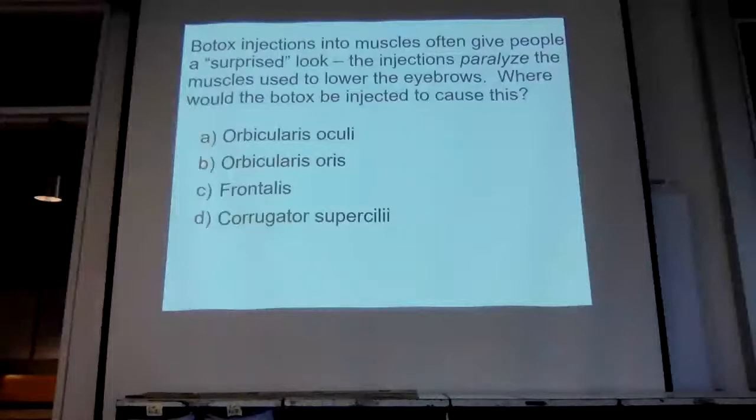So you're saying the frontalis lowers the eyebrows. The injection is into a muscle that normally lowers the eyebrows. Which muscle normally lowers the eyebrows?